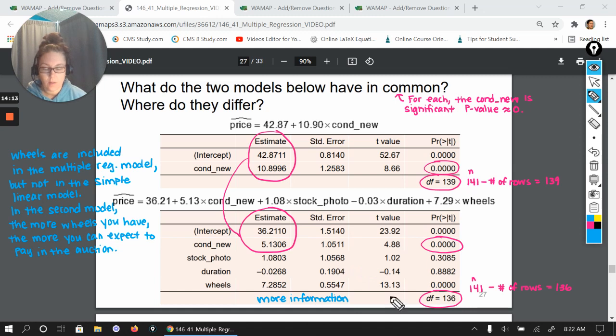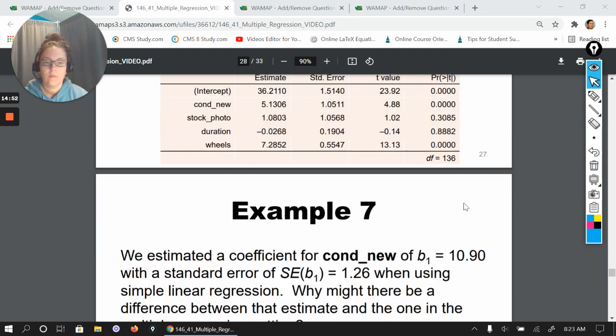And also over here, concerning the degrees of freedom, the more variables you use, the less the degrees of freedom. I'll put that too.